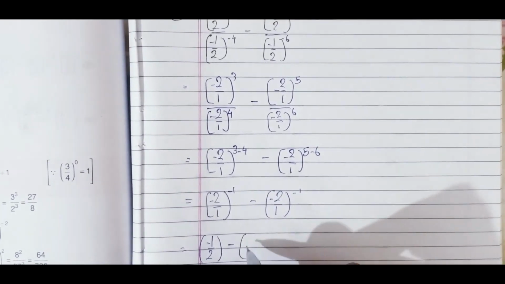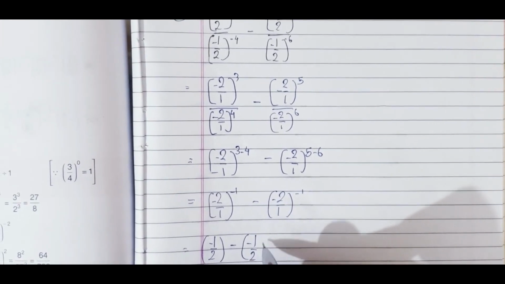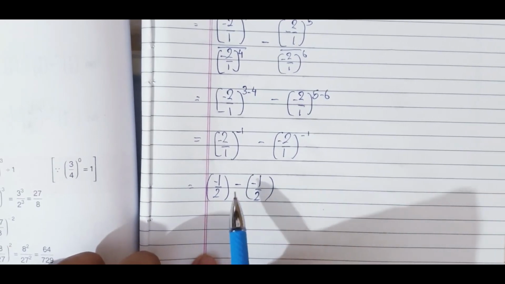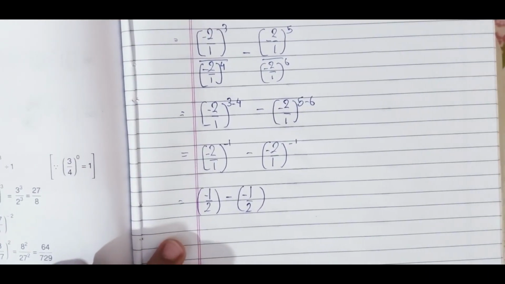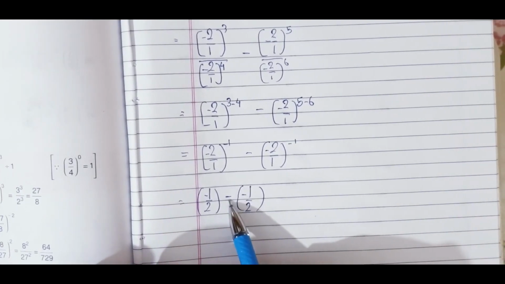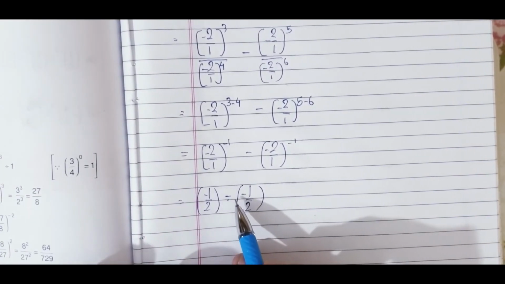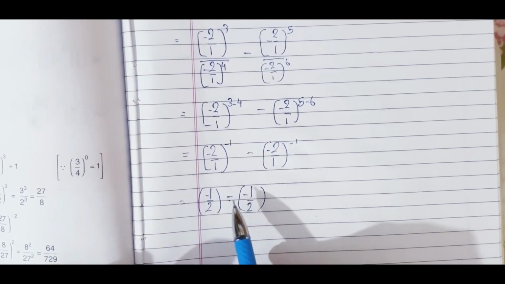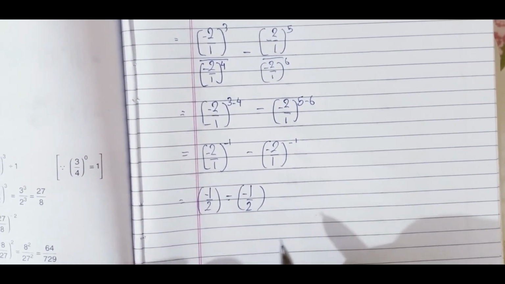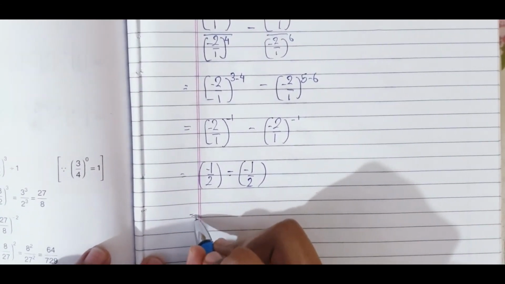Minus half, minus half. So now guys, here is minus half, minus bracket minus half, and if here is minus and there is no symbol, it means there is a bracket, which means multiplication. Minus into minus is equal to plus.